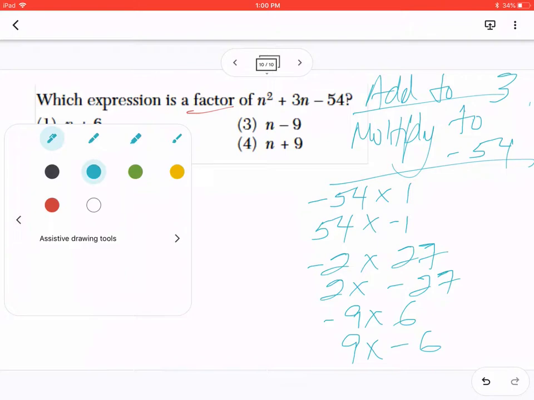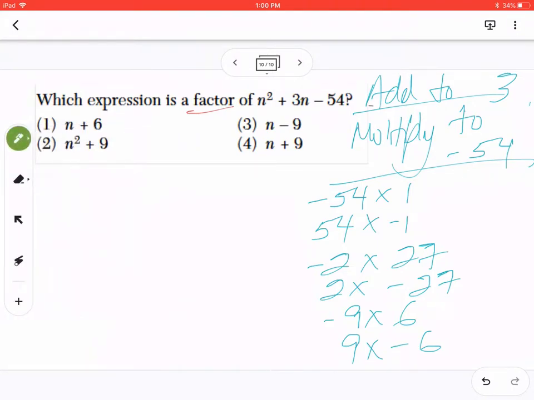Consider now which of those is going to help you to add to be a positive 3. These pairs are not going to help, and neither are these. So we're down to negative 9 and positive 6, or a positive 9 and negative 6.